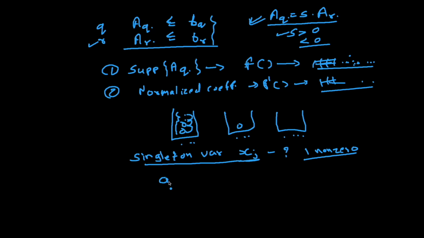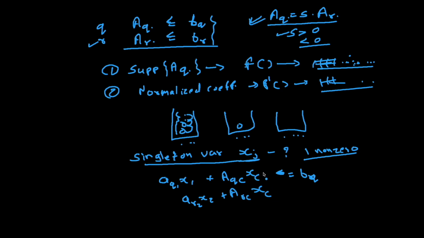Let's say a_q1 x1 plus a_qC x_C, and let's first start with equalities, so this is equal to b_q. Here we are dealing with q, and here we have a_r2 x2 plus a_rC x_C.